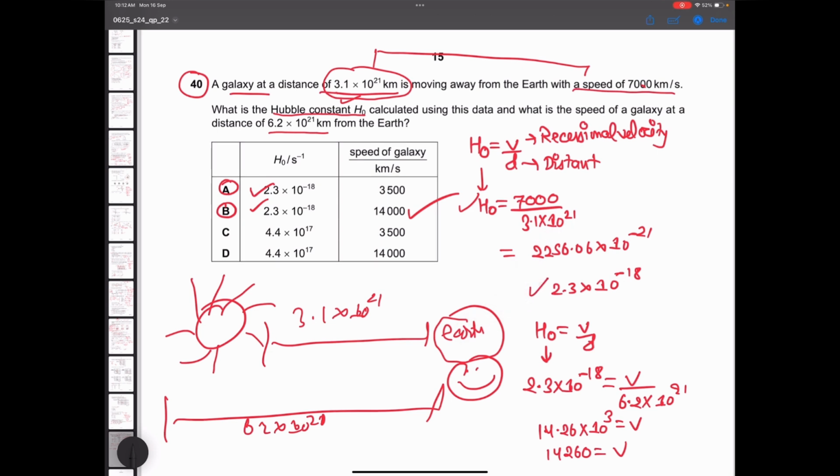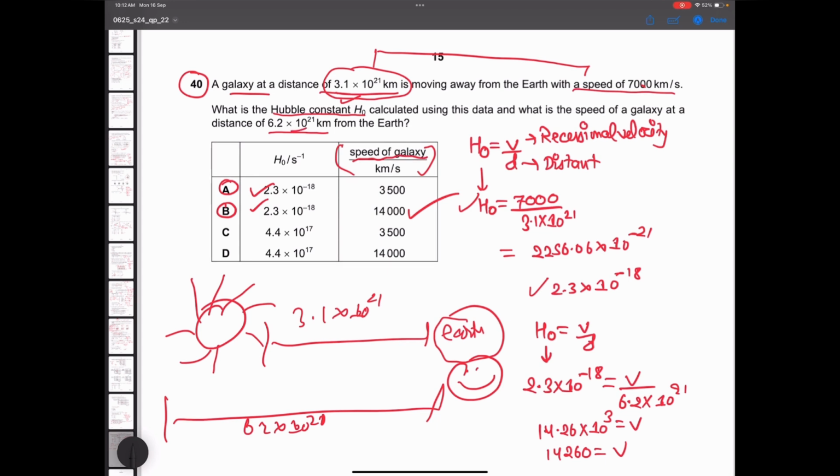Now in the second situation, the galaxy has moved away a bit. It is now at a distance of 6.2 into 10 to the power 21. As we know that Hubble's constant is a constant, and as the recessional velocity increases, the distance also increases. So the velocity will be different now because the distance has increased. And they were asking the same thing. Now that the distance is increased, tell me the speed of galaxy at this distance.